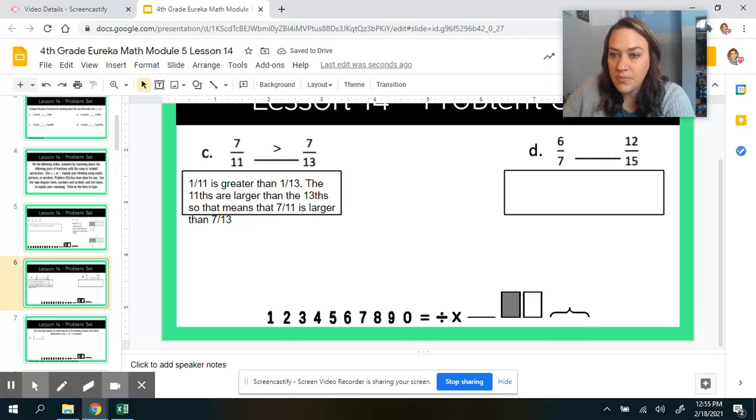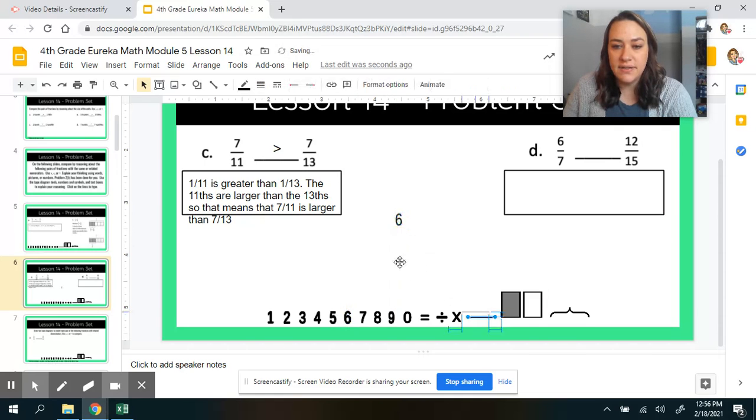So for this one, I'm going to make common numerators because I see a relationship between the 6 and the 12. So if I take 6/7 and I convert my numerator to 12ths by multiplying by 2, so times 2, times 2, remember whatever I do at the bottom I do to the top.